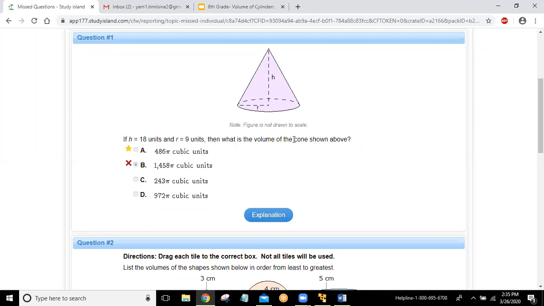Let me look at the sheet. Okay, let's try this then. Use the formula. Okay. One second.